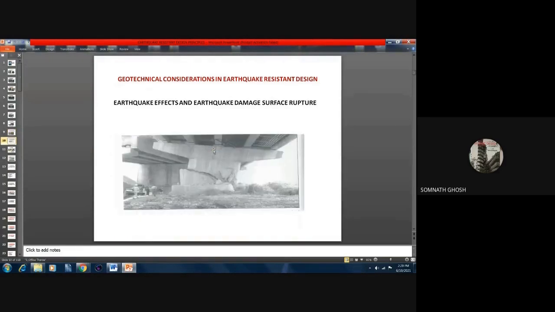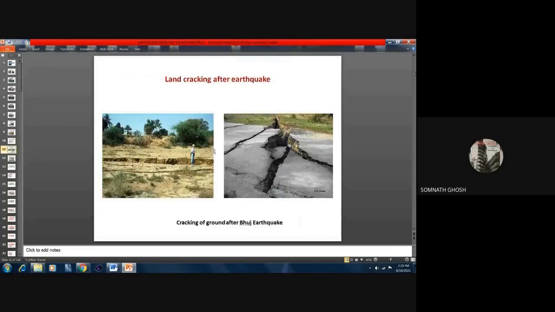See, this is another, probably a bridge pier, it has collapsed like this. You see cracking of the ground, huge cracking. Just think about it. The ground has ruptured like anything. And just after the Bhuj earthquake, I got an assignment from a particular company in Kandla Economic Zone.